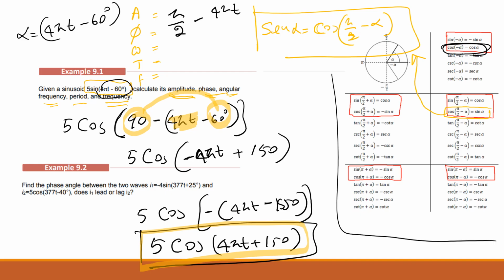Your alpha, this is right. So alpha is what? Your alpha is this part. Am I right? So instead of alpha, you need to put this part. Isn't it? Make sense?